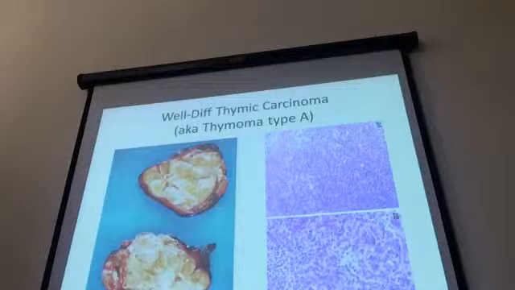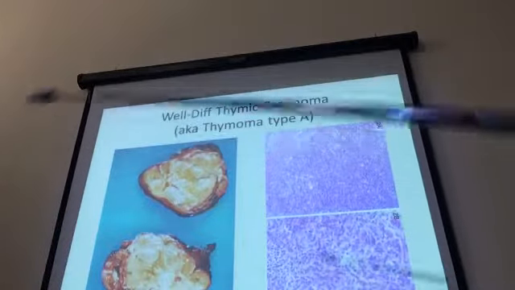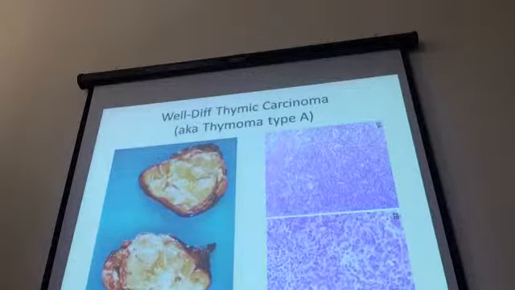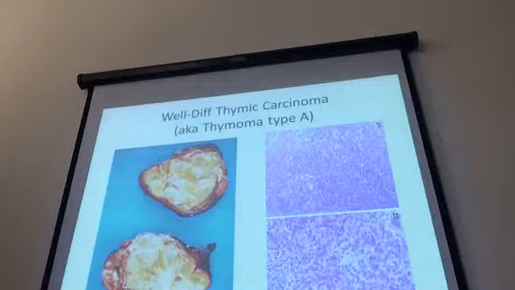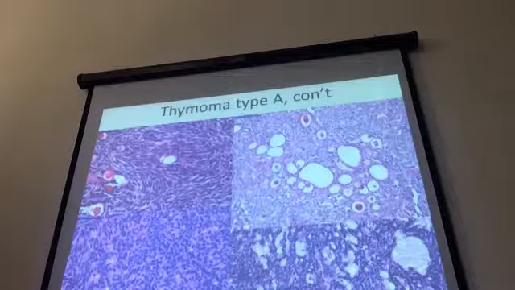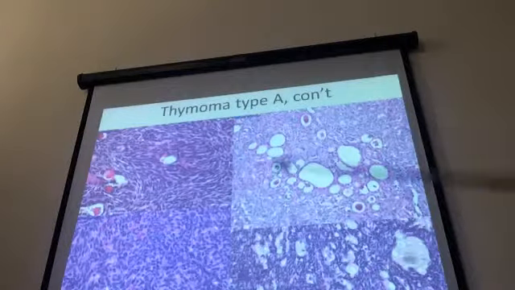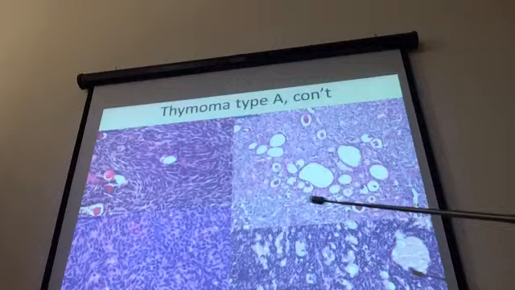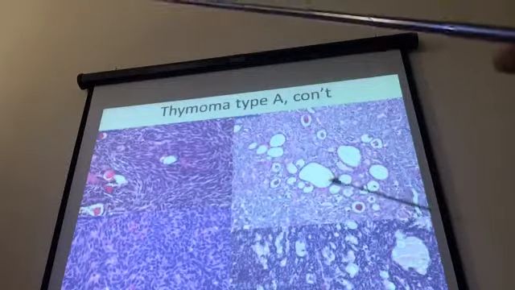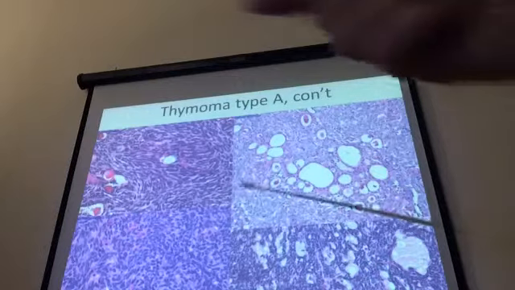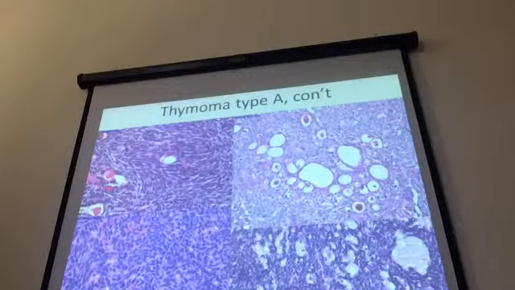Here's some more pictures. Almost a little bit of a trabecular pattern, usually encapsulated. More pictures. Here you see these little gland-like structures with a secretion, sieve-like glands here, spindle cells, no lymphocytes.